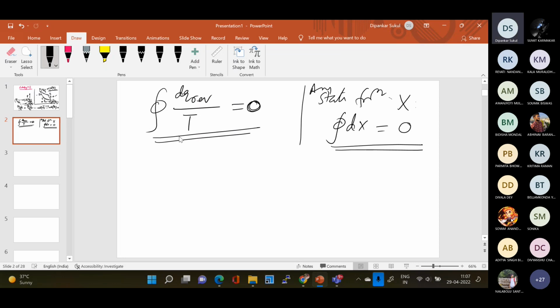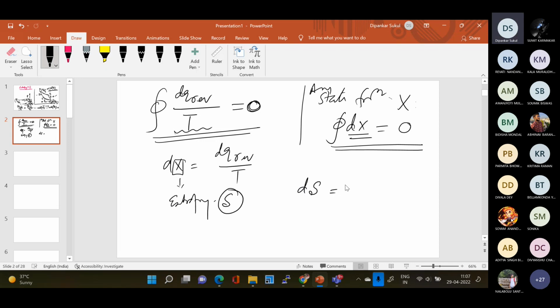You can infer that this change in state function is equal to dq reversible by T. And this X is called the entropy function, which is abbreviated as S. Hence, the small change in entropy is equal to the reversible heat change divided by the corresponding temperature.